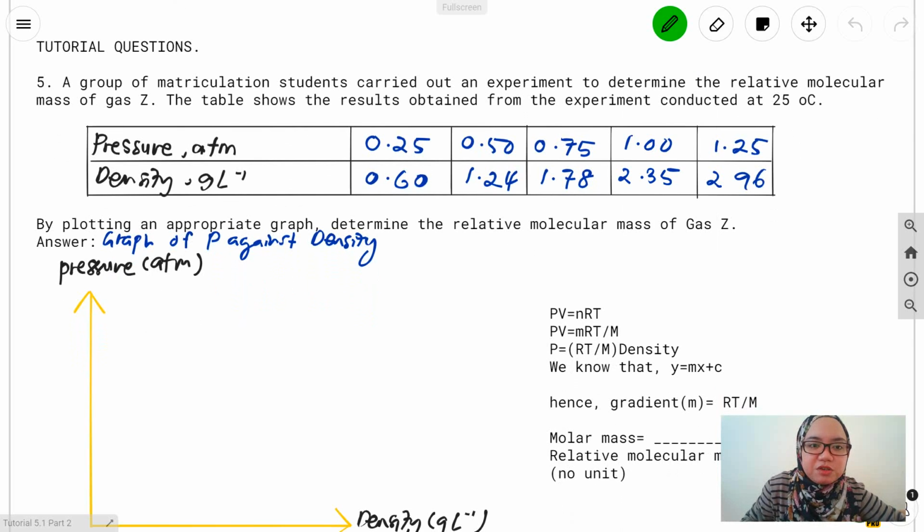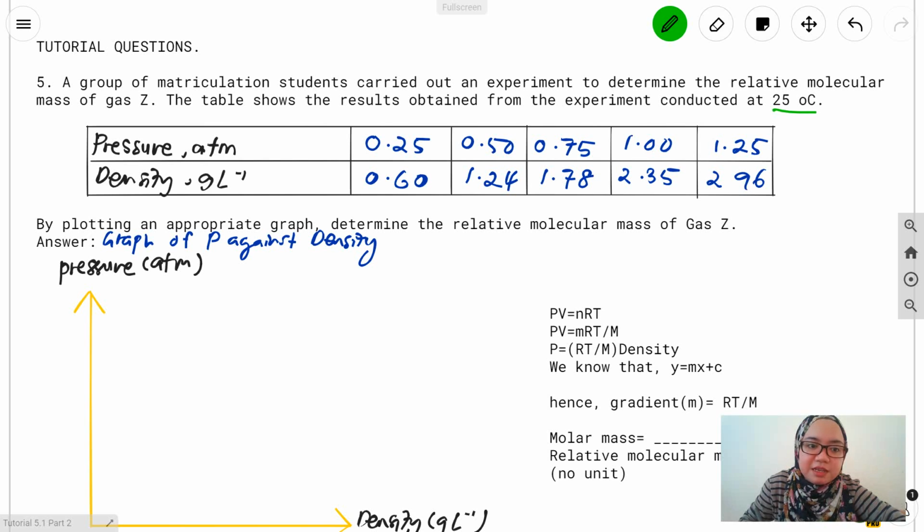a group of matriculation students carried out an experiment to determine the relative molecular mass of gas Z. The table shows the results obtained from the experiment conducted at 25 degrees Celsius.